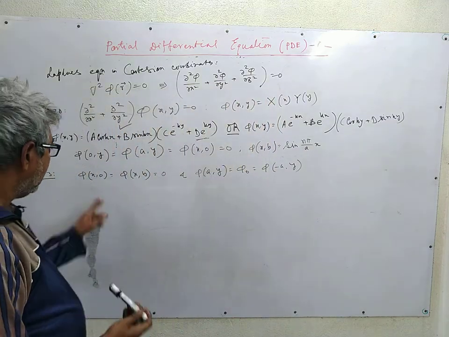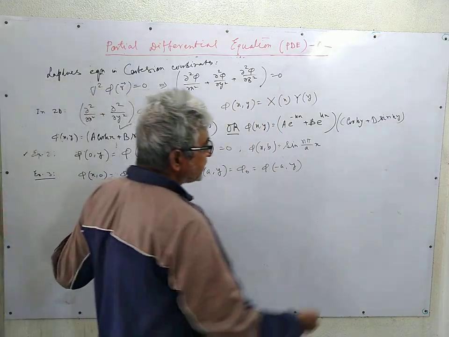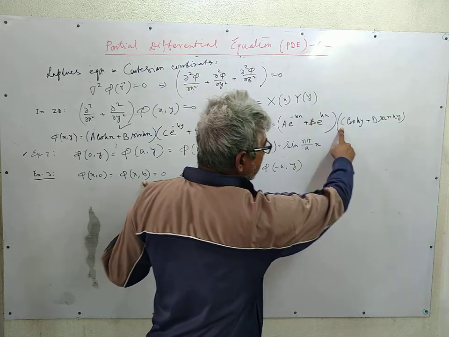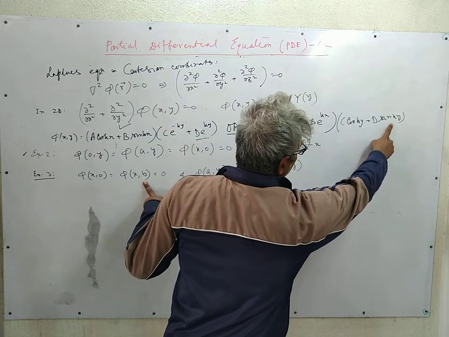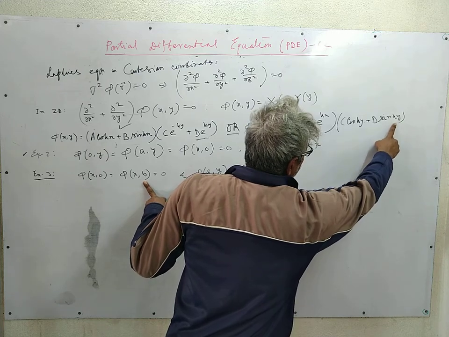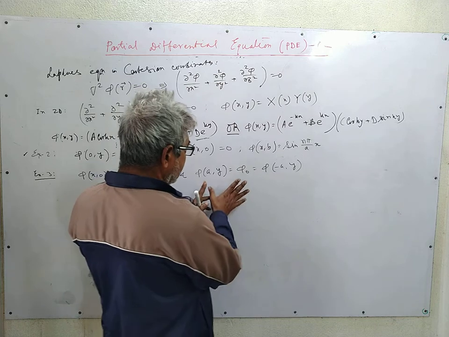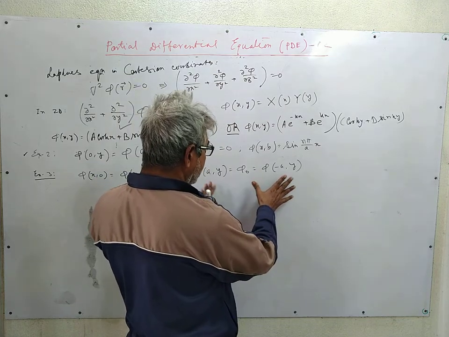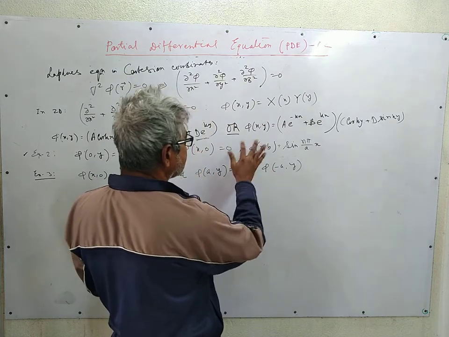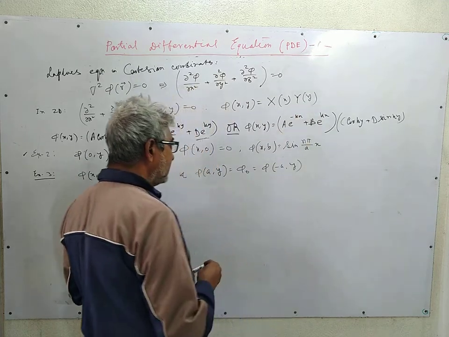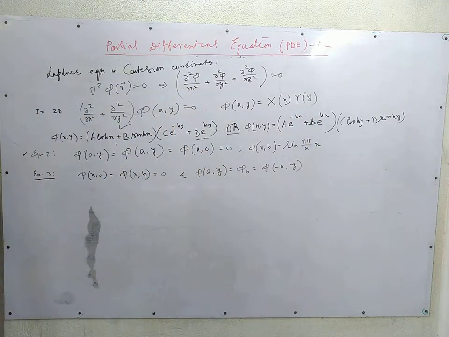In which case, if we put y is equal to 0, then c is equal to 0 and y is equal to b gives k is equal to m pi by b, and this condition allows us to determine the constants a and b. So that's all about Laplace's equation in 2D.